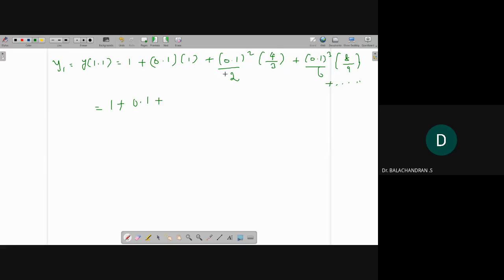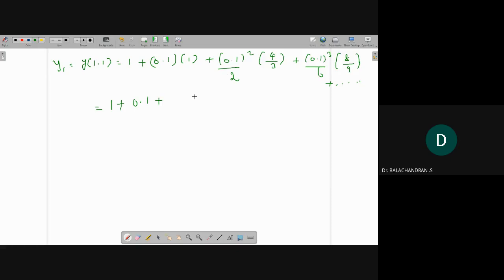So please tell. 0.1 whole square divided by 2 into 4 by 3. So please tell the value.